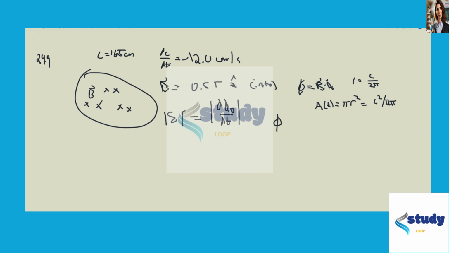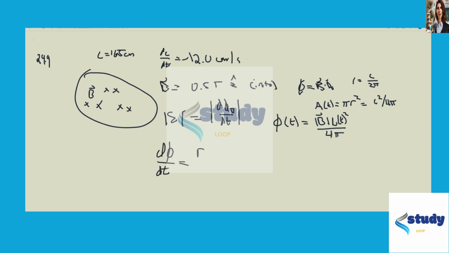So the flux as a function of time is now given as the magnitude of B times C as a function of time squared, all over 4 pi. Awesome. Now, since we know this, we can take the derivative, d phi dt.